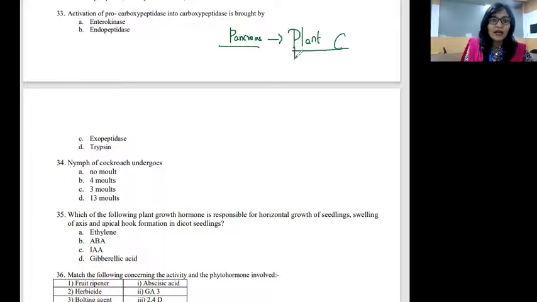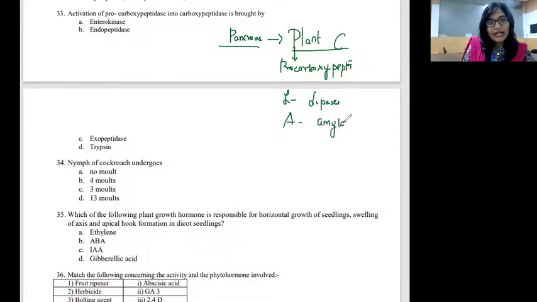P refers to pro-carboxypeptidases. L refers to lipases. A is amylases. N refers to nucleases. And then T refers to trypsinogen.